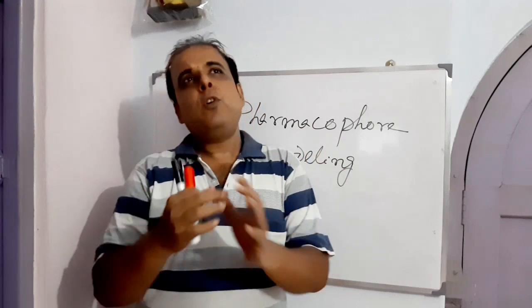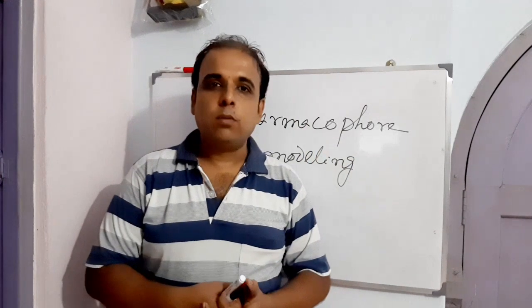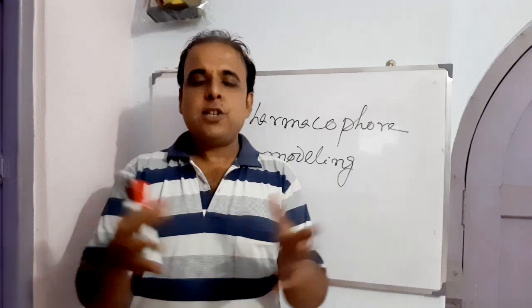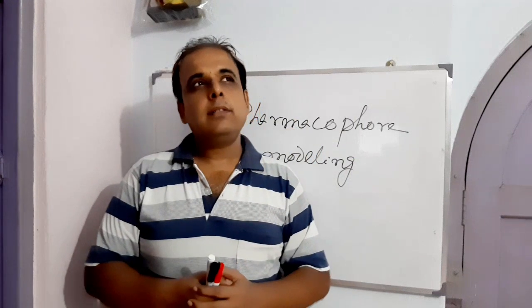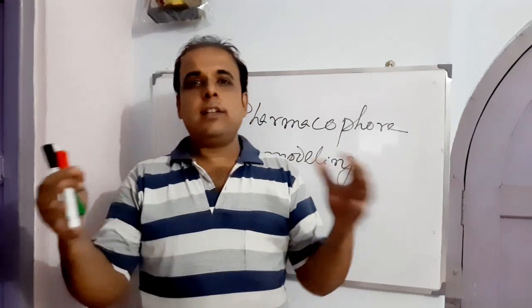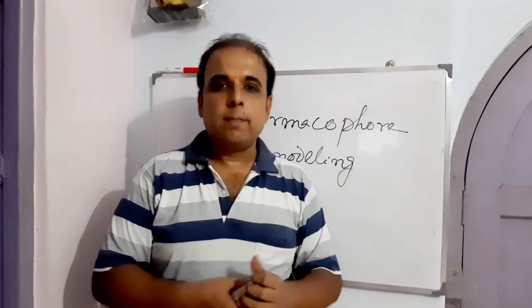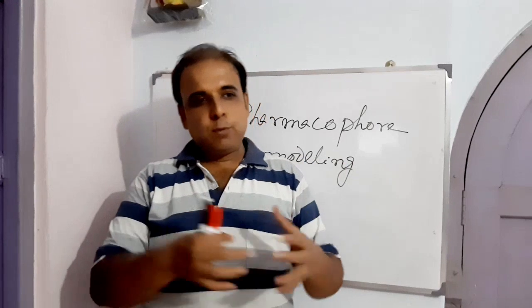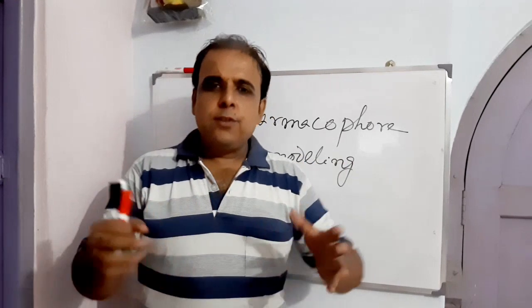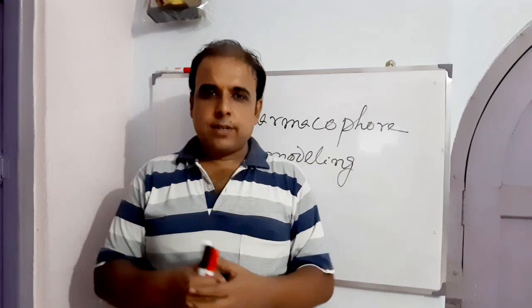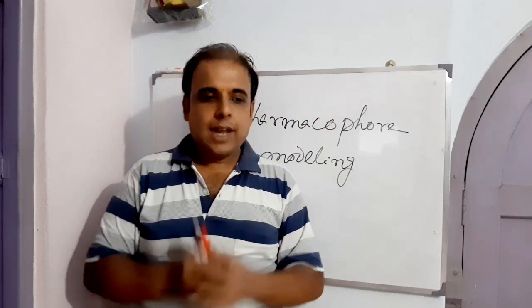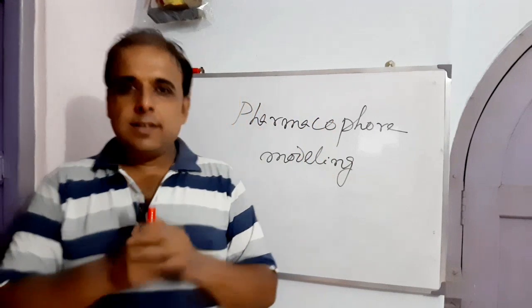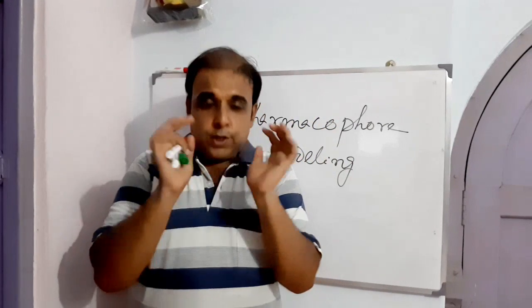Before developing a particular compound, they have to put much endeavor into designing the compound. During that period, they have to go through so many literatures, so many databases where molecules are kept, and they are after extracting certain features which are common.